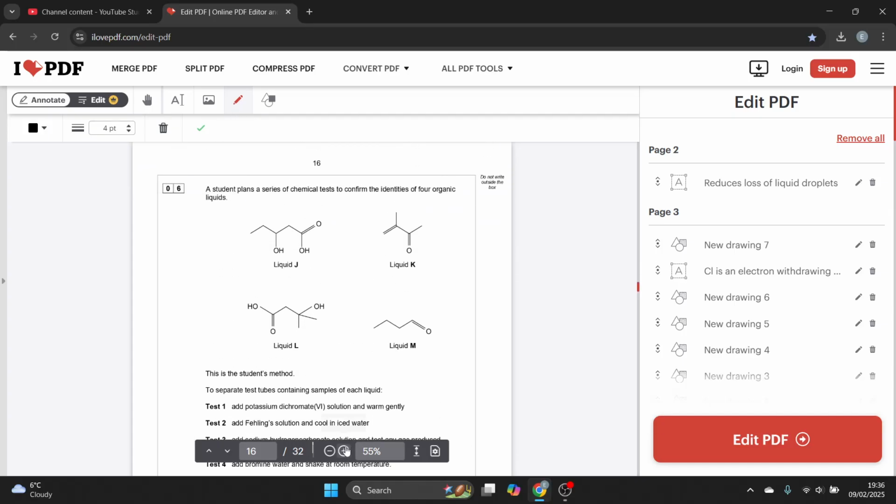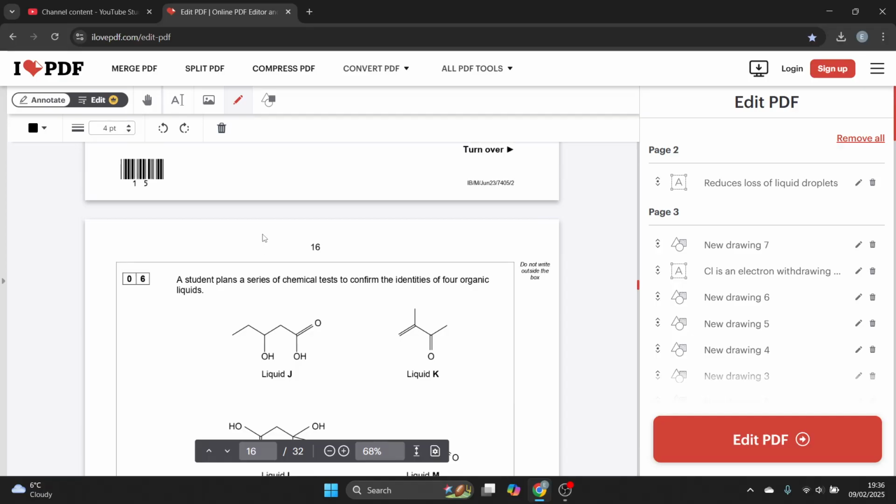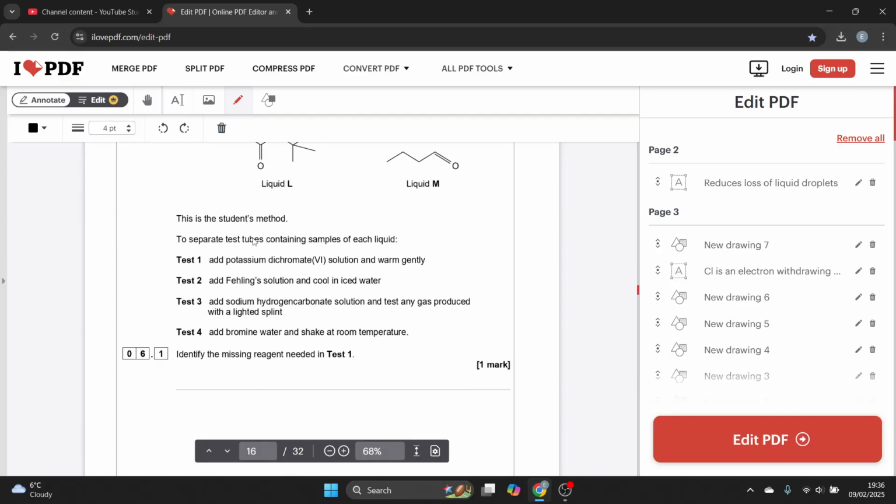A student plans a series of chemical tests to confirm the identity of organic liquids. Add potassium dichromate(VI) solution, warm gently. Add Fehling's solution, cool in ice water. Add sodium hydrogen carbonate solution, test any gas produced with a lighted splint. Add bromine water and shake at room temperature. Identify the missing reagent needed in step 1.